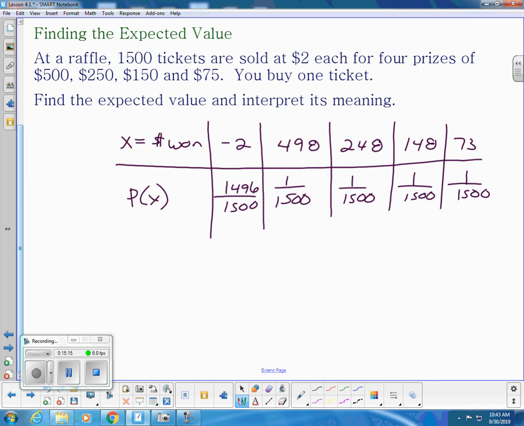Would it be easier just to multiply by the numerator and then do a big old division of 1,500? So negative 2 times 1496 plus 498 times 1 plus 248 times 1 plus 148 times 1 plus 73 times 1 divided by 1,500.